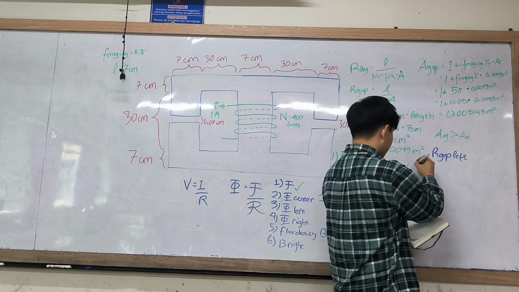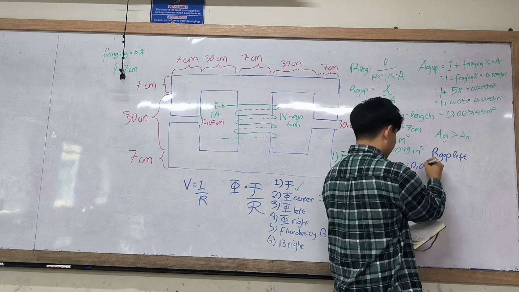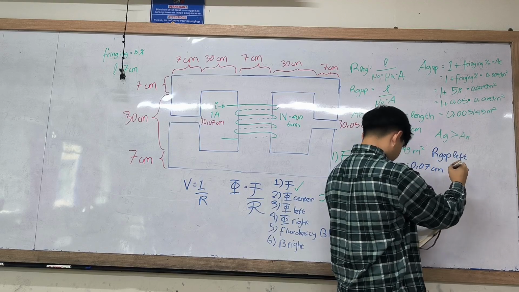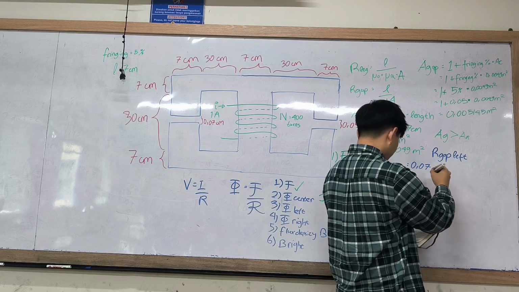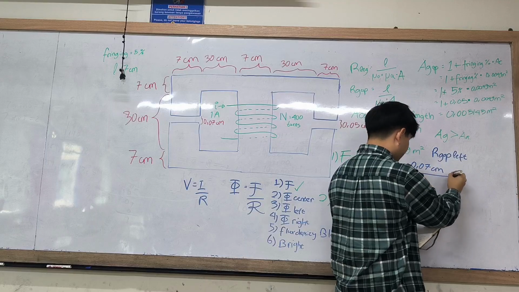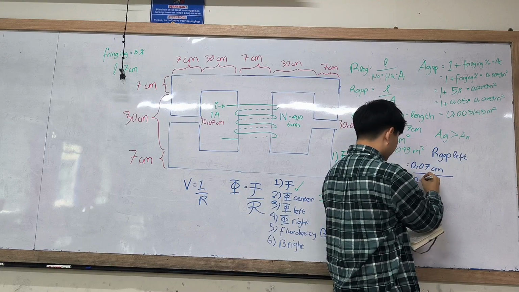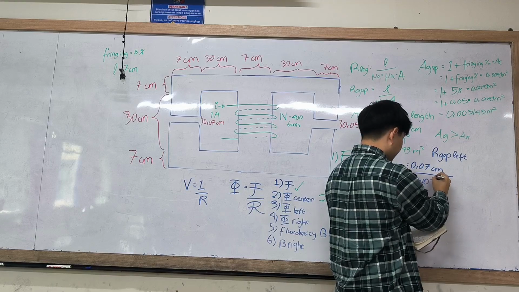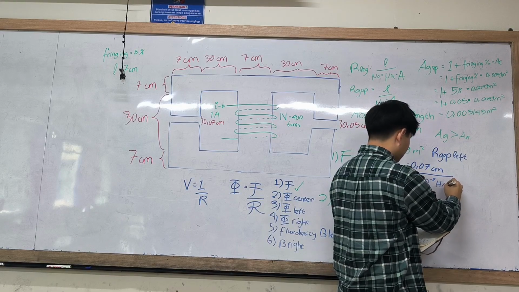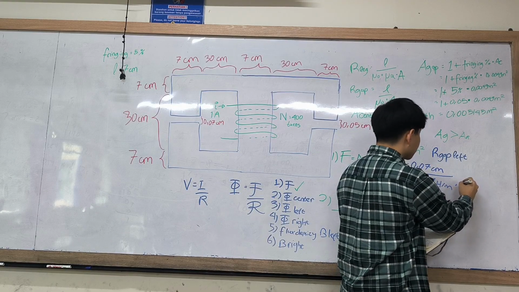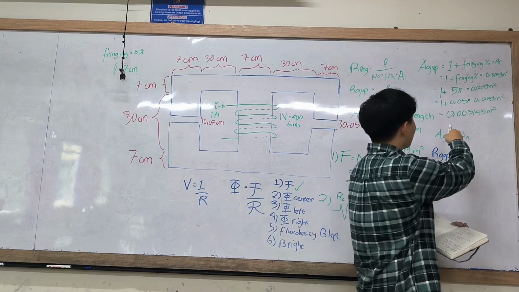It would be 0.07 centimeters divided by permeability of free space, which is 4 pi times 10 to the power of negative 7, times the area of the gap.